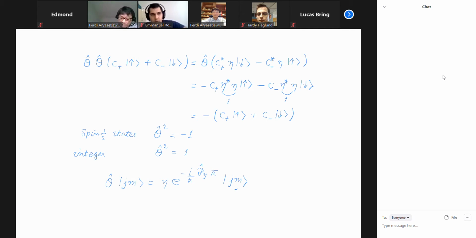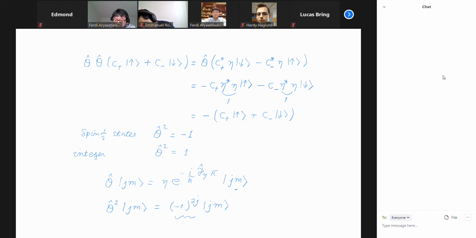We can then show from this that if we apply the time reversal operator twice on the angular momentum state |j, m>, the result is a sign times the state. The sign is given by this factor here.